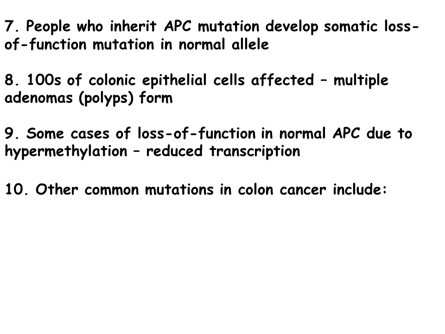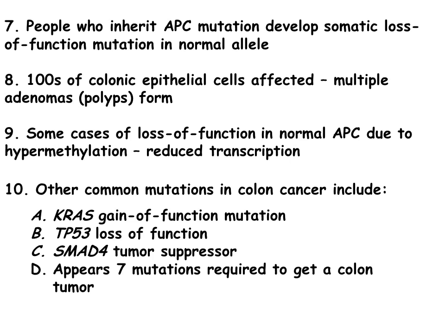Other common mutations in colon cancer include a gain in function in a gene called KRAS, TP53 loss of function, another tumor suppressor gene, and SMAD4. It appears that 7 mutations were required to get a colon tumor.